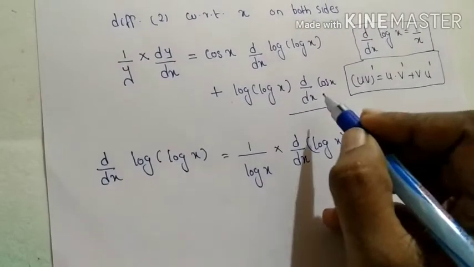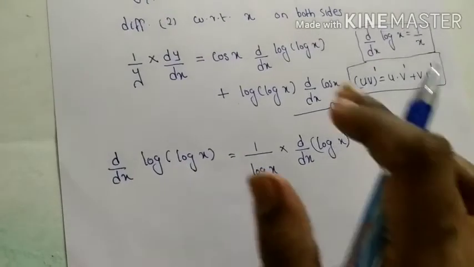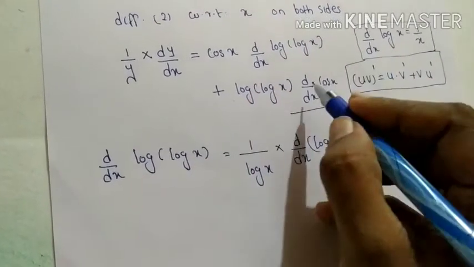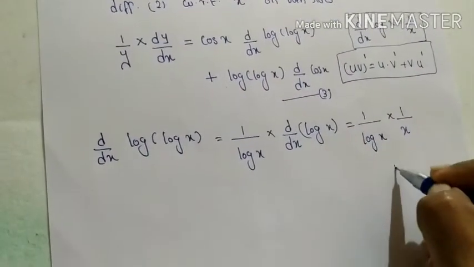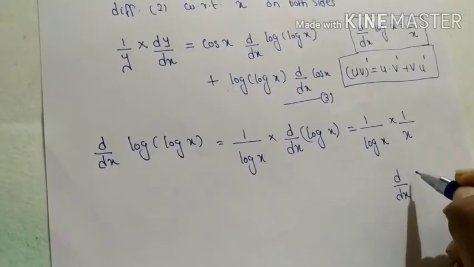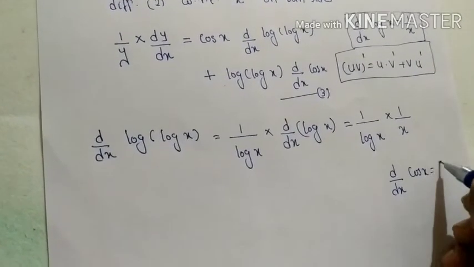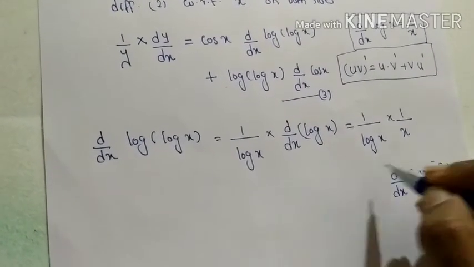Okay. So substituting this value, and we know that the standard derivative of cos x is minus sin x, right?